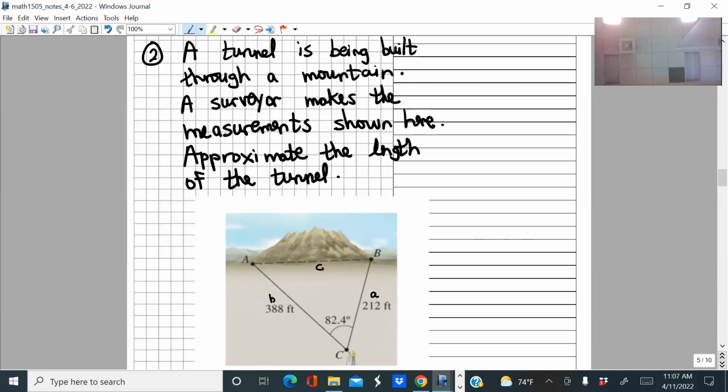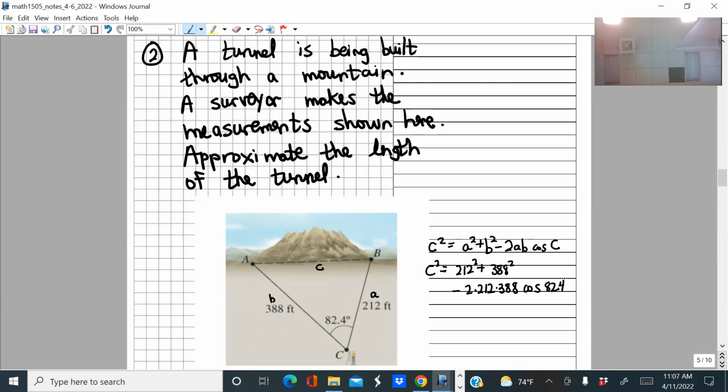According to the law of cosines, the length of this side squared, that's the length that I don't know, is going to be, just to write it out fully first, a squared plus b squared minus 2ab times the cosine of C. But now we can fill in a lot of these values because the surveyor has measured them. a is 212, so you get 212 squared plus b is 388, so 388 squared, minus 2 times 212 times 388 times the cosine of this angle, 82.4 degrees.